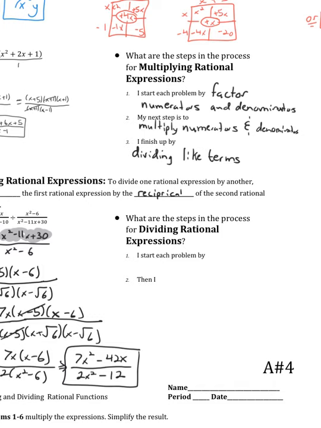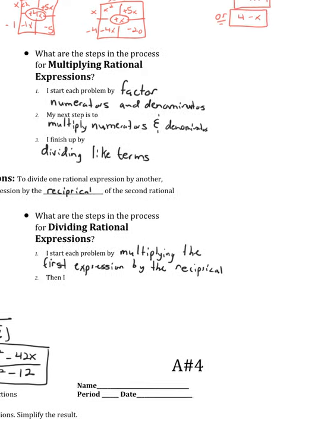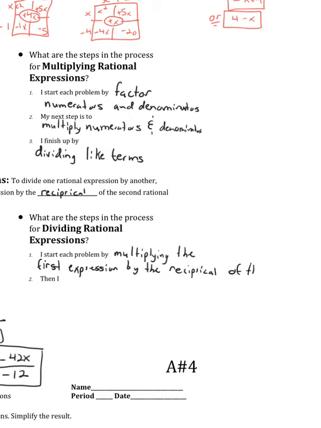So the process for dividing rational expressions. Step 1, I start each problem by multiplying the first expression by the reciprocal of the second. Then, after that, I follow the same steps as multiplication.